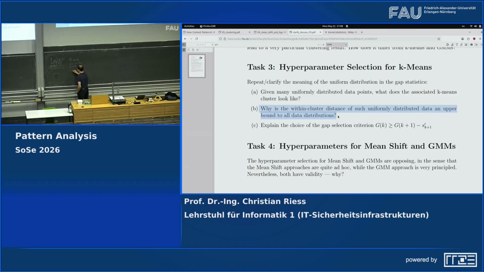And then we understand that from all possibilities to distribute these data points, if they are uniformly distributed, then it implies that the within cluster distance, statistically speaking, is maximal.